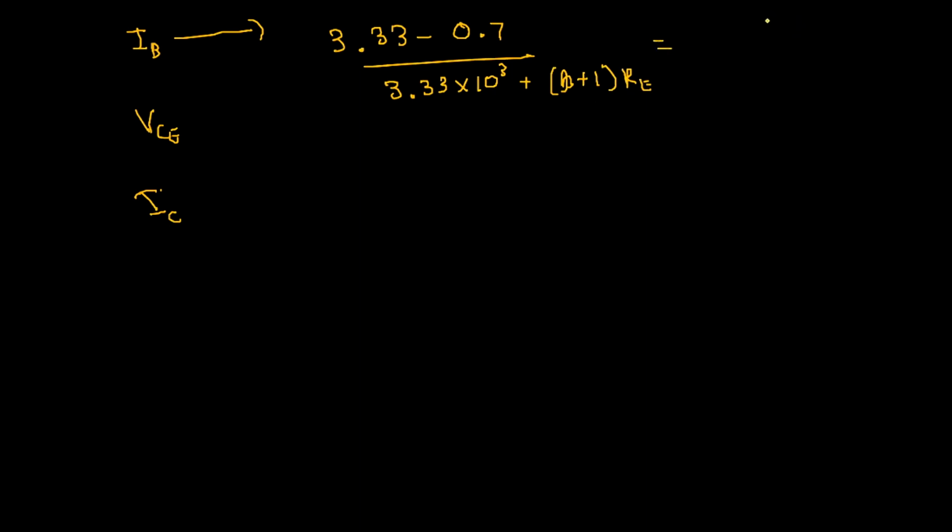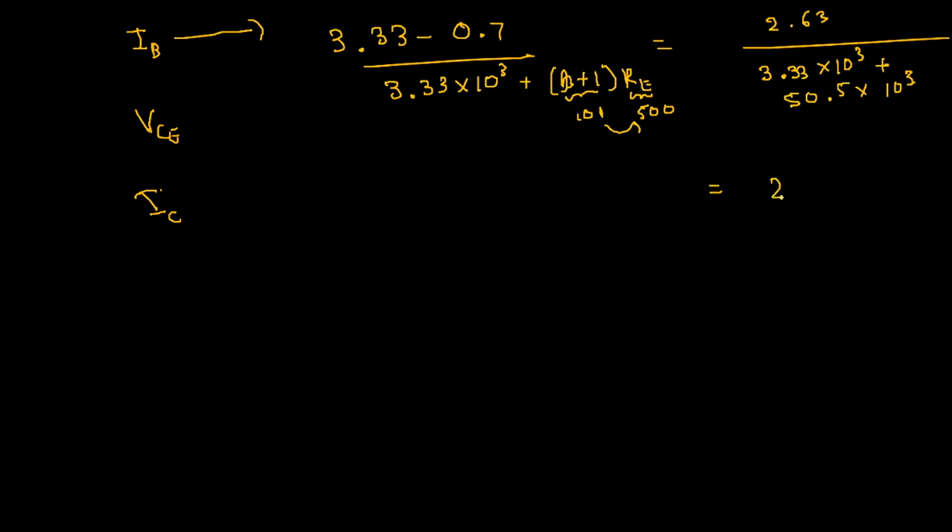So now we have 2.63 divided by, this will become 101, and we know that the value of RE is 500. So we have 3.33 into 10 to the power 3 plus 101 into 500, which gives us 50.5 into 10 to the power 3.